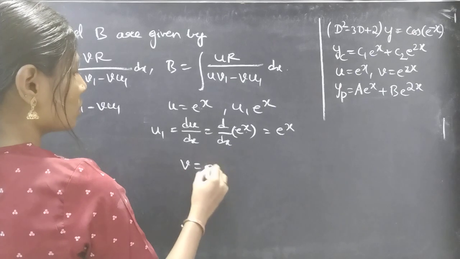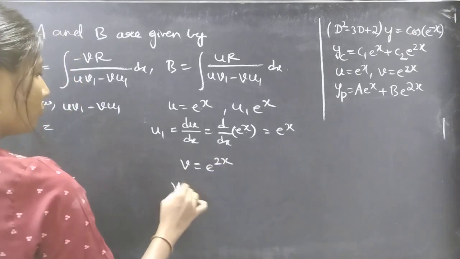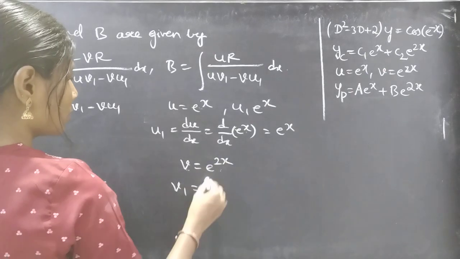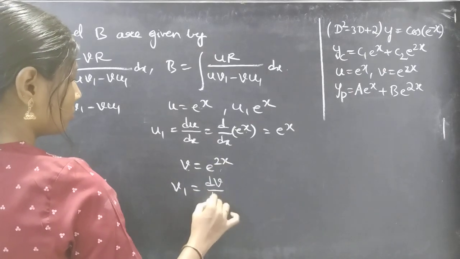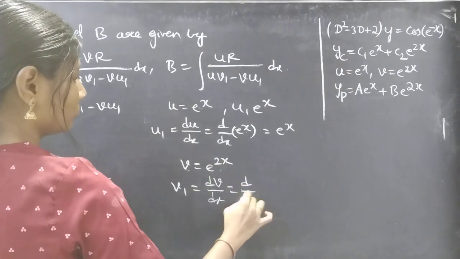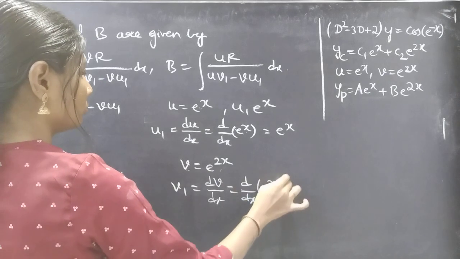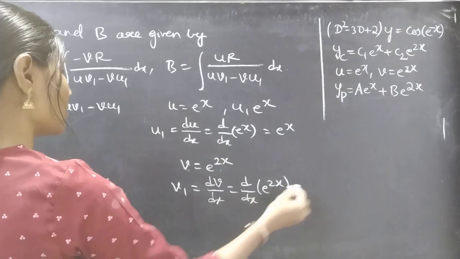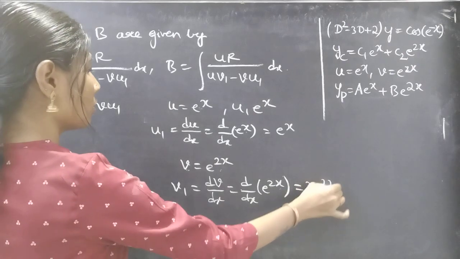If we have v = e^(2x), then find v1. Just differentiate on both sides with respect to x. The derivative of e^(2x) with respect to x is 2e^(2x).